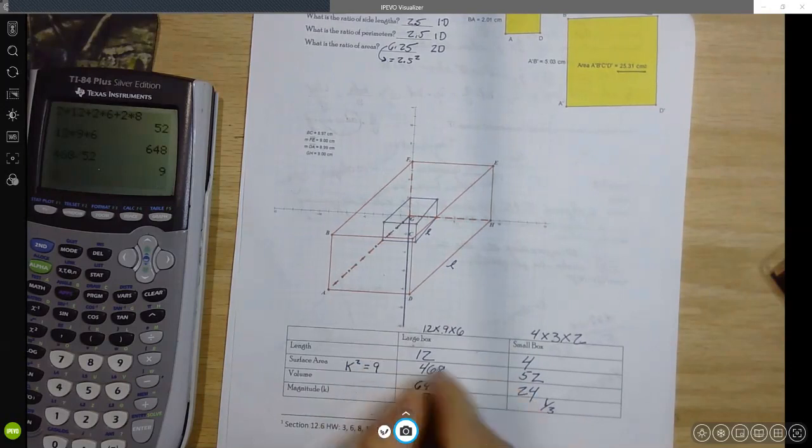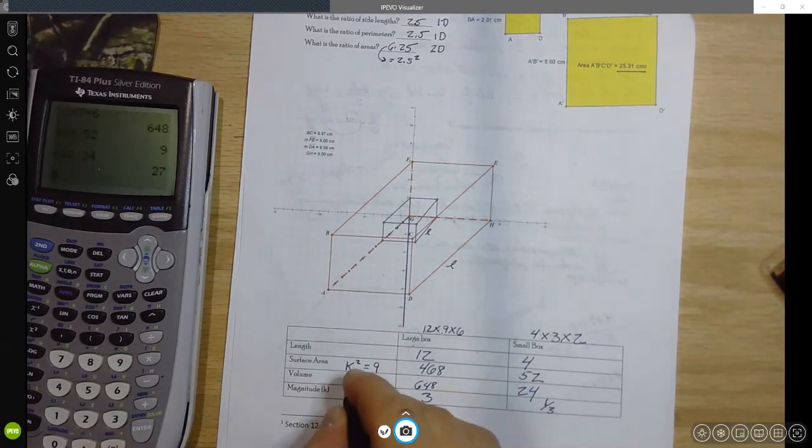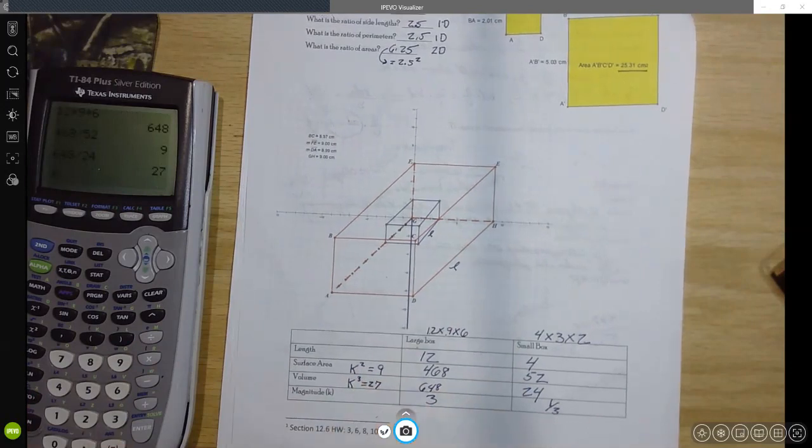That's the ratio of the areas. So then the volumes, 648 divided by 24, 27. This we call the K cubed value, the ratio of the volumes.